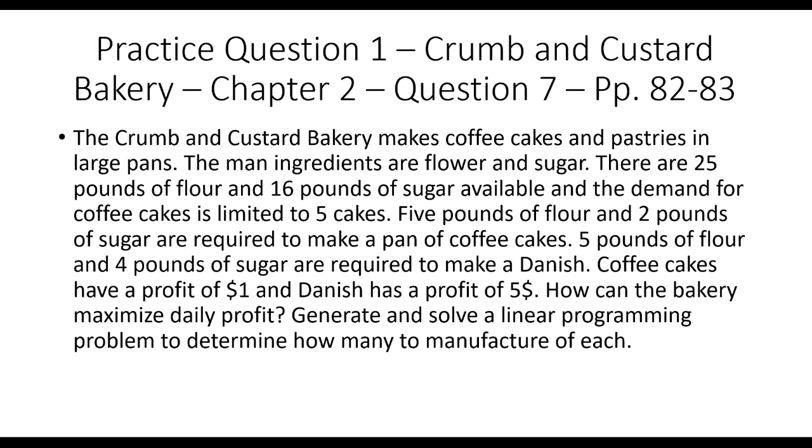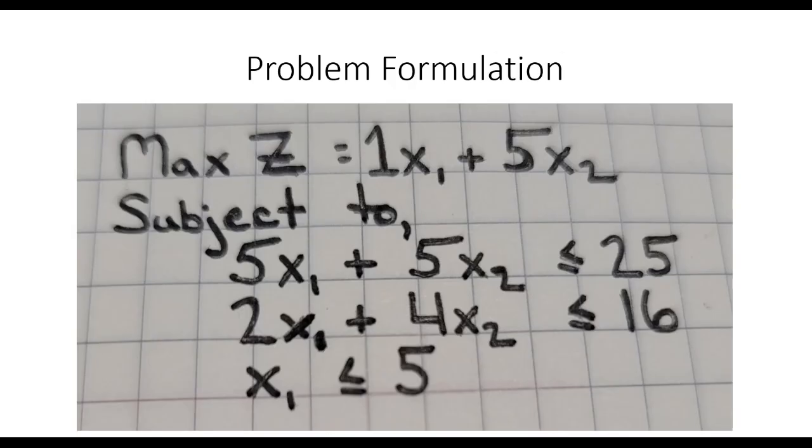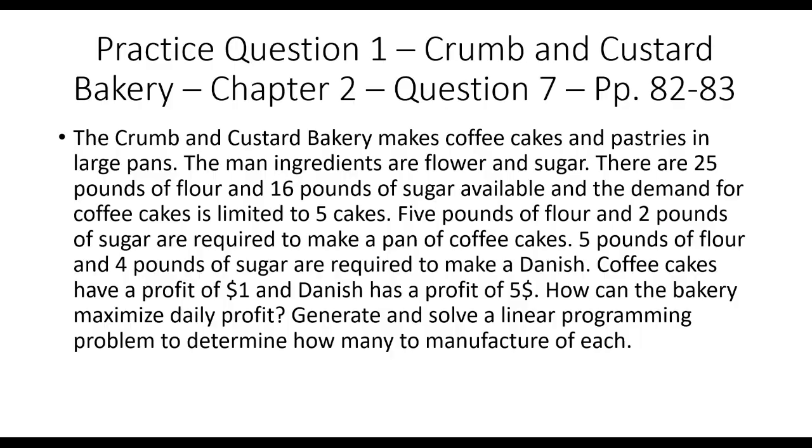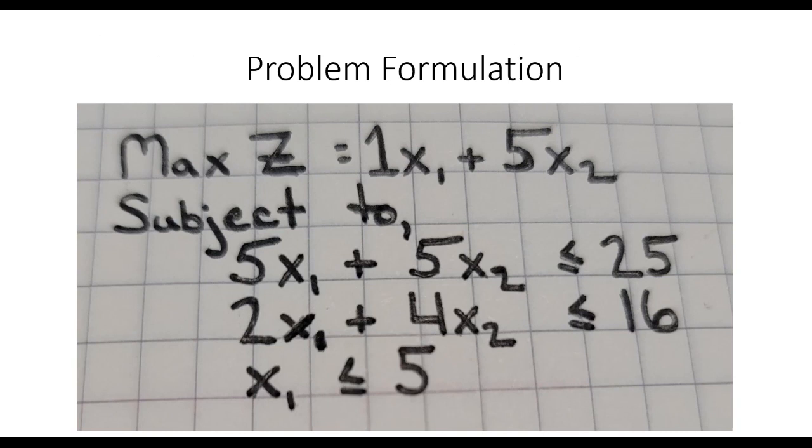Very simply, we're going to read and interpret this and ultimately get this situation. We're trying to maximize z equals 1x1 plus 5x2, subject to 3 constraints. The first constraint is the maximum amount of flour that we have.